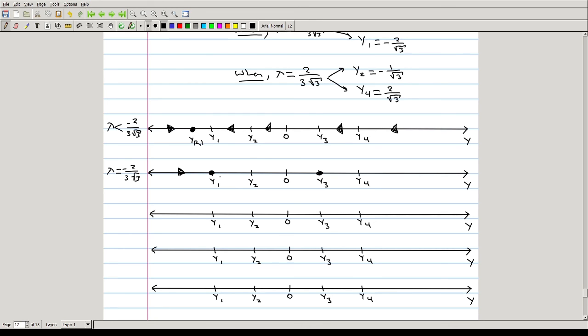When y is greater than y1 but less than y3, it's negative. And when y is greater than y3, it's also going to be negative.